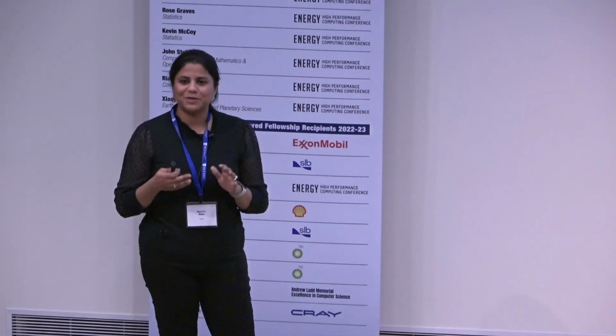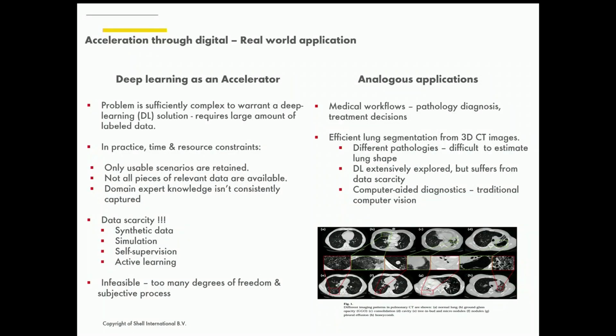So what that basically means is, if you want to train deep learning models, there isn't enough representative data available to really encompass all of the degrees of freedom that are required for emulating velocity scenario generation. So essentially, we hit the data scarcity wall. And at that point, we started looking out for other analogous solutions and how this problem is solved in other domains.